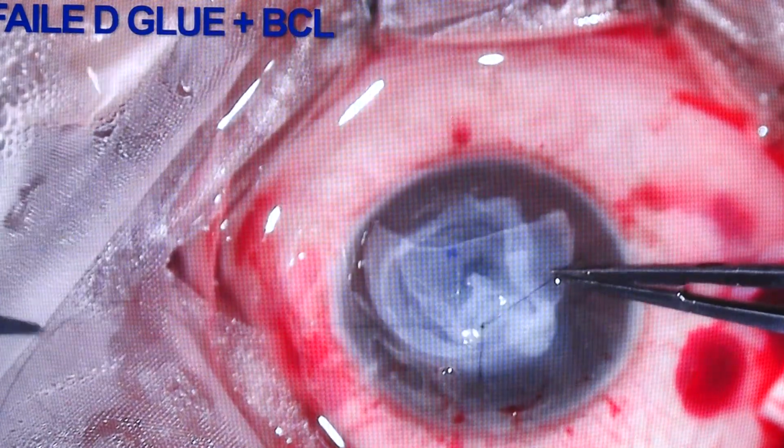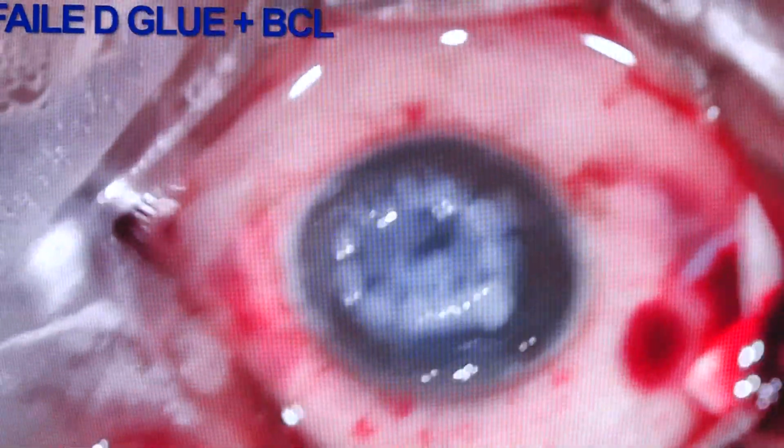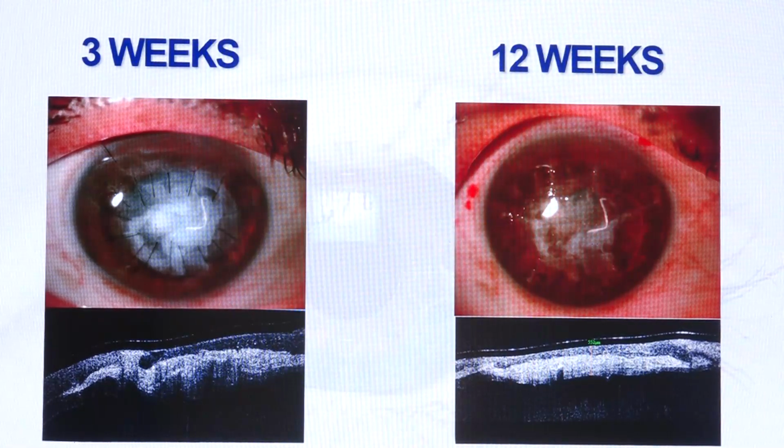So the first layer was inserted into the lamella, and the second layer of donor cap was sutured. This is how the patient looked at 3 weeks. We had a good thickness achieved in the center, and this is at 12 weeks. Now the patient is awaiting clearance for a keratoplasty.